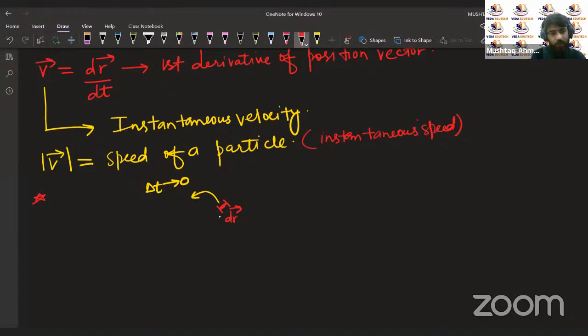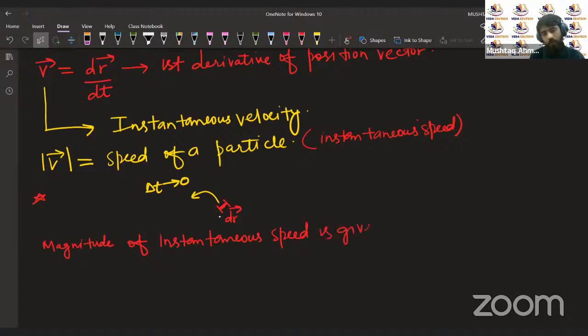So we can write here: magnitude of instantaneous speed is given by magnitude of velocity.